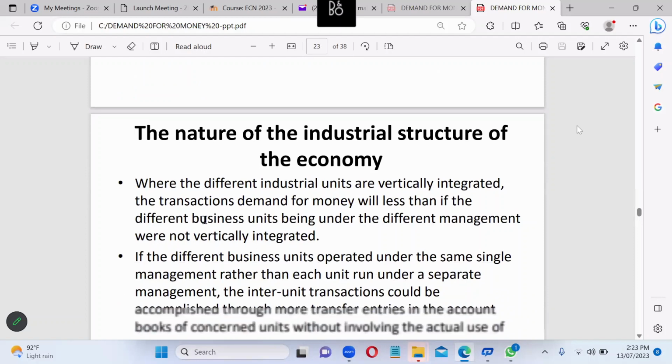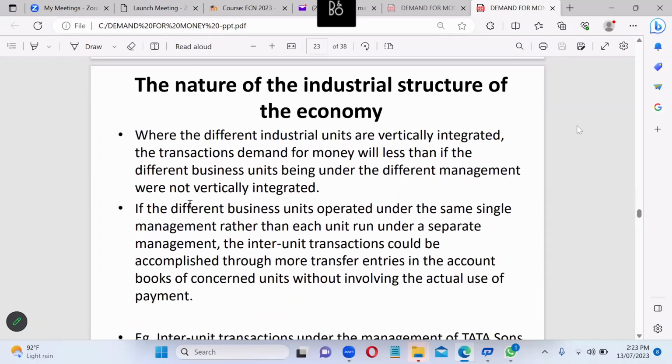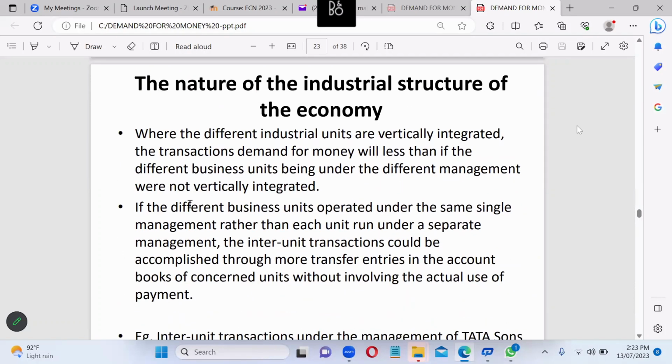The nature of the industrial structure of the economy, where the different industrial units are vertically integrated, means the transaction demand for money will be less than if the different business units, being under different management, were not vertically integrated.